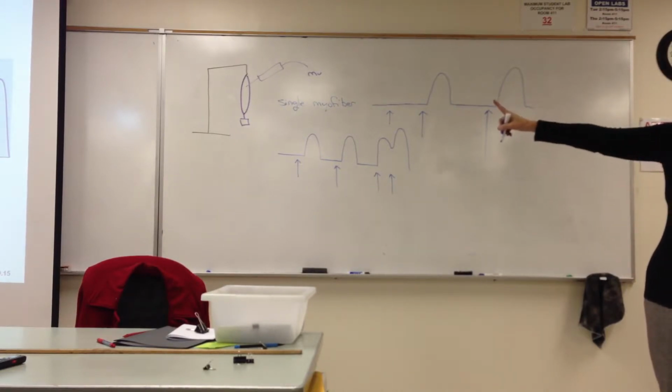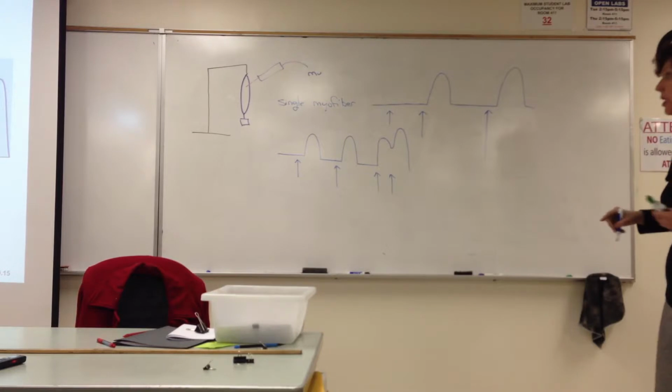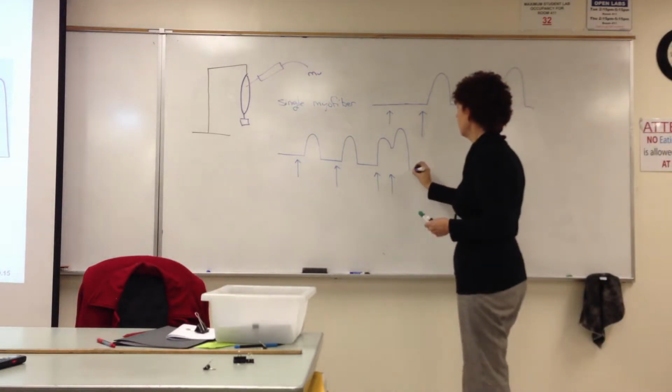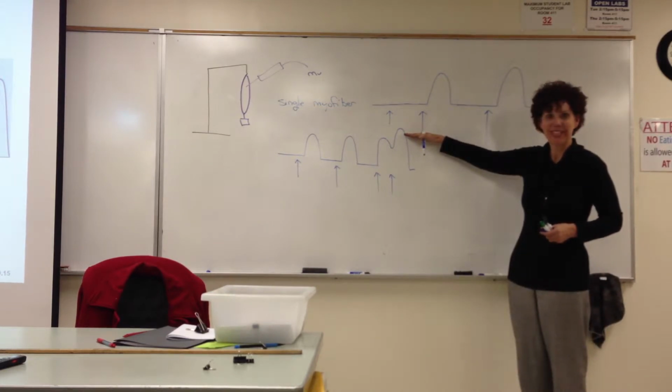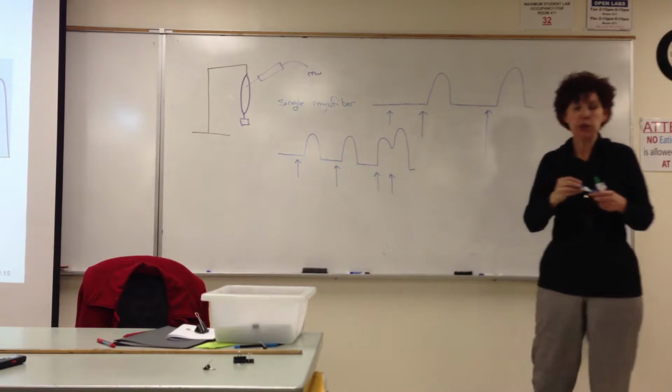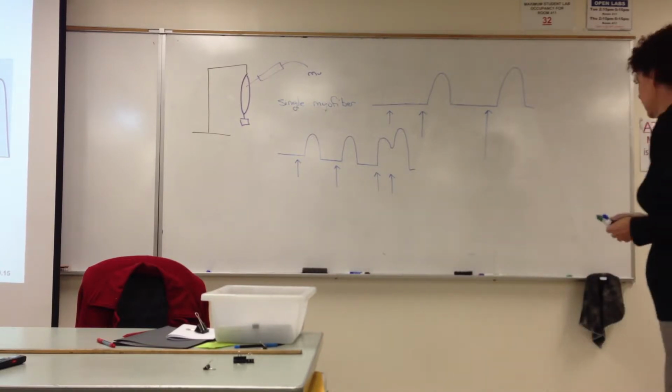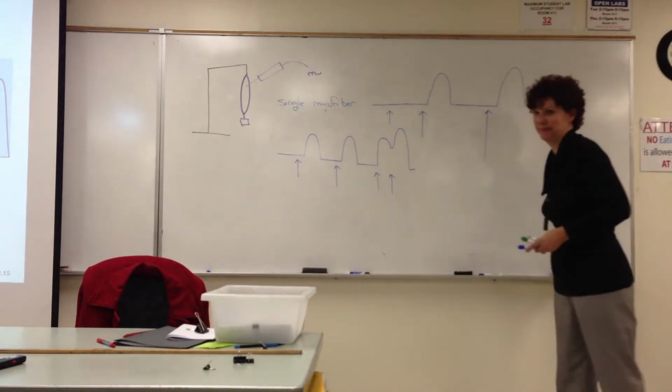This is a single muscle cell, so we're not recruiting additional muscle cells. Single myofiber. But yet, we're getting a greater force of contraction. Two things are thought to provide or explain this phenomenon.